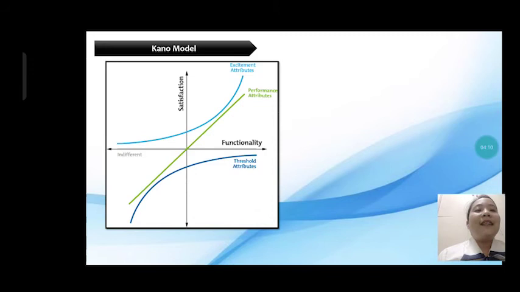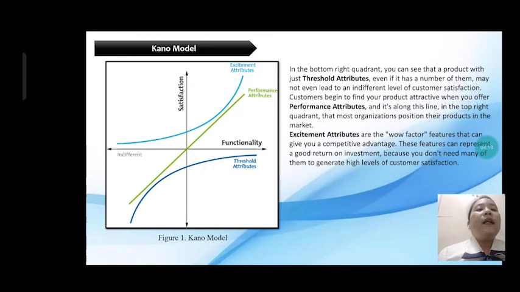Kano model. This is the graphical representation of the Kano model. As we can see in the bottom right quadrant, or the third quadrant, a product with just threshold attributes, even if it has a number of them, may not even lead to an indifferent level of customer satisfaction.